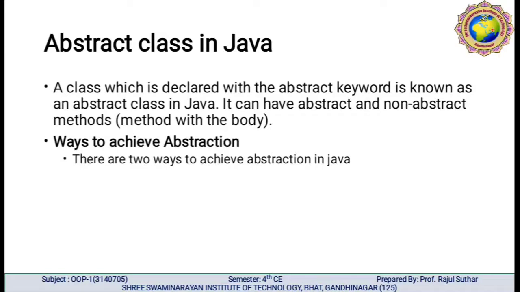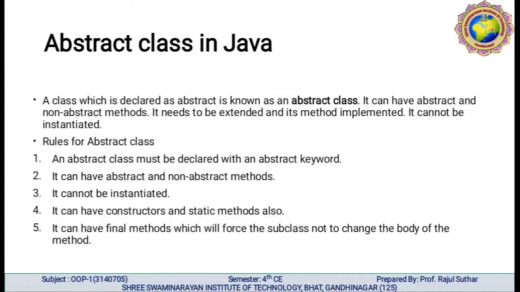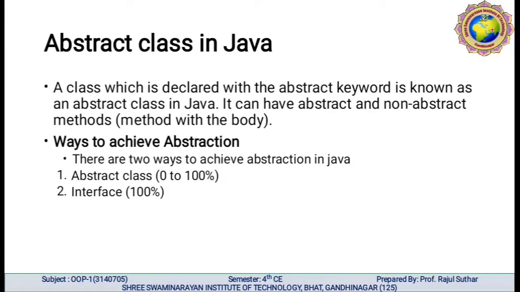Ways to achieve abstraction. There are two ways to achieve abstraction in Java: abstract class, which gives 0 to 100%, and interface, which gives 100%. So we can achieve abstraction in Java in two ways.